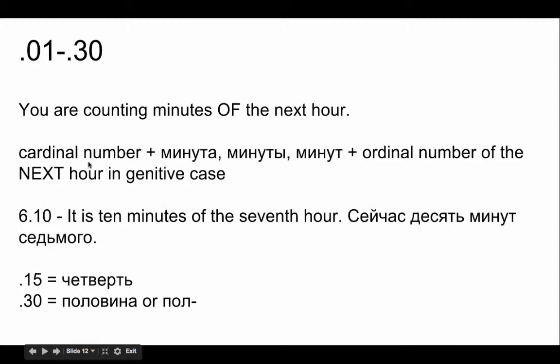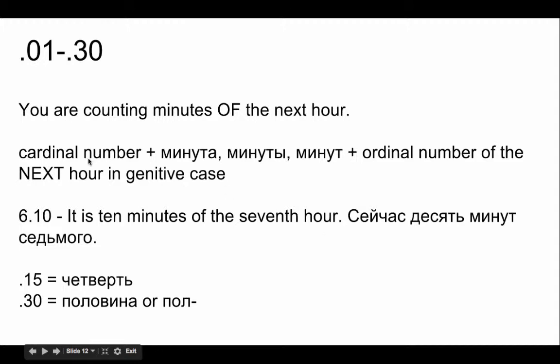We use the normal number plus минута, минуты, or минут, depending on the number, and then plus the ordinal number of the next hour in the genitive case. I know that sounds kind of confusing, so let's break it down with an example.